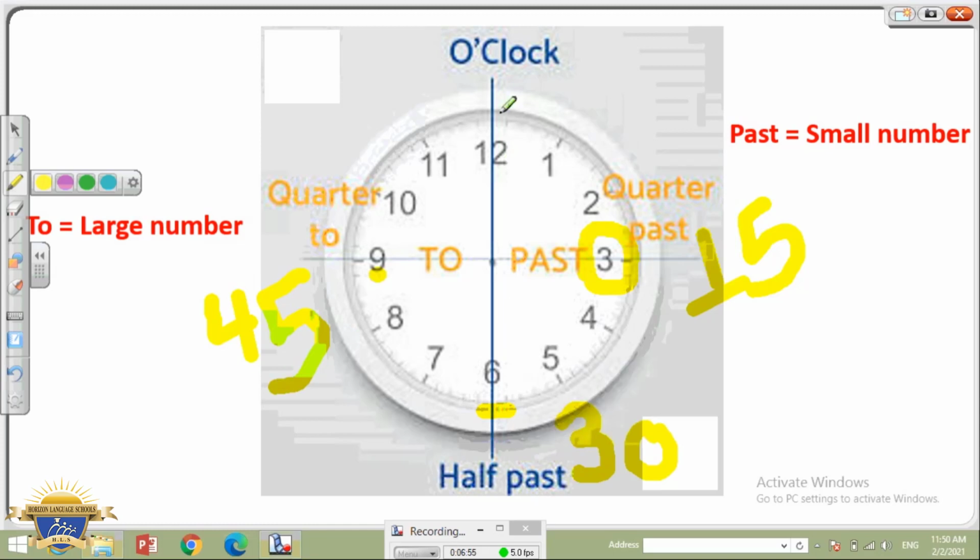If the minute hand is on 12, it will be 0. Again, on 12, it's 0. On 3, 15. On 6, 30. On 9, 45. Past, we take the small number. To, we take the large number.